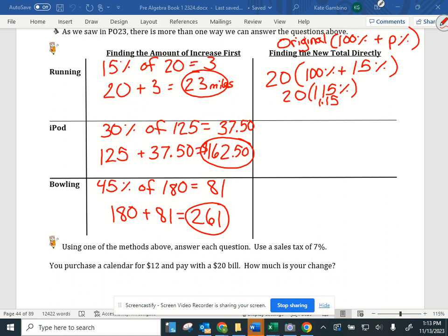So we would do 20 times 1.15, Peyton. Can we do 115 divided by 100? Do we need to do that much work? No. Keep it simple, friends. That's how we make mistakes on the test when we overcomplicate. 115% is 1.15. Okay? So what is 20 times 1.15? Fiona?